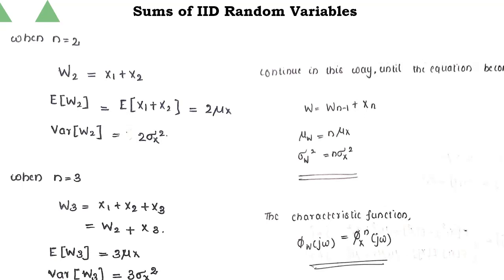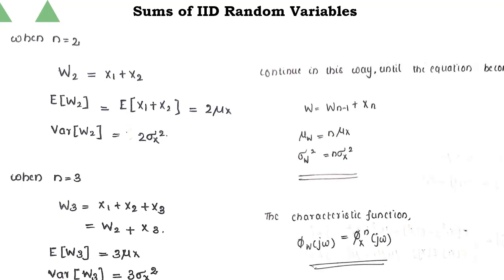The next case is when n is equal to 3. When n is equal to 3, by applying the same method, what we are getting is the expected value of w3 is equal to 3 into mu x, whereas the variance will become 3 into sigma x square.